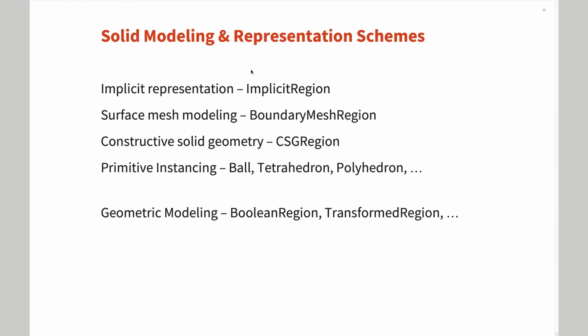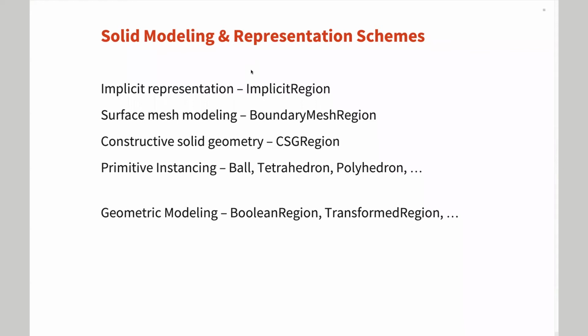Before I start to show some examples of what you can actually achieve with this new object, in terms of representation I want to slightly look at all the modeling and representation schemes we currently have, right? That will help you understand why we introduced this and what's the difference with what already exists in the system.